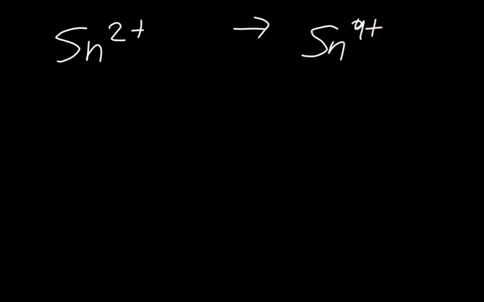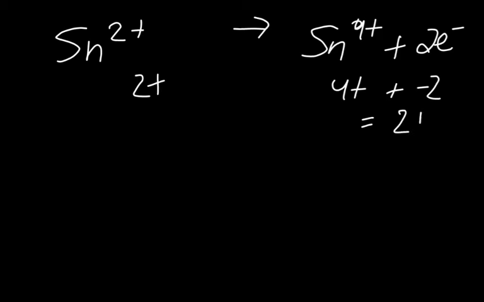And so we have to add electrons to the product side of the equation because tin has essentially lost electrons. How many has it lost? Well, it's lost 2 electrons because 4 plus and 2 plus are the same when you add -2 to the 4 plus. Alright?